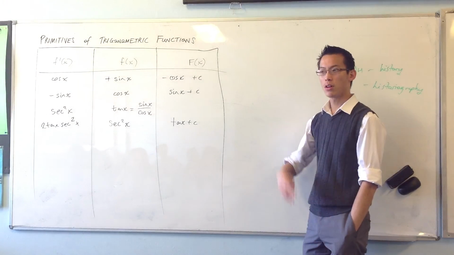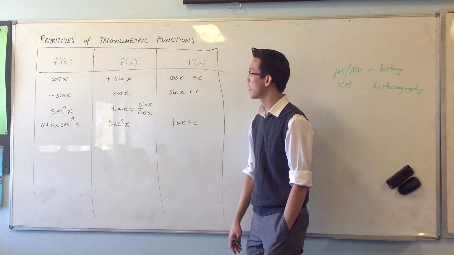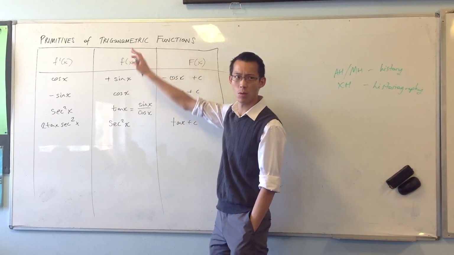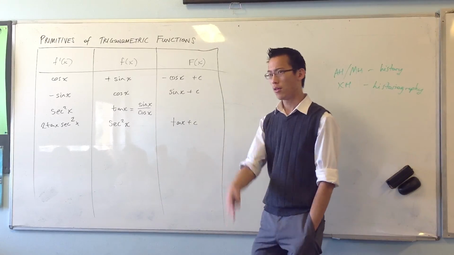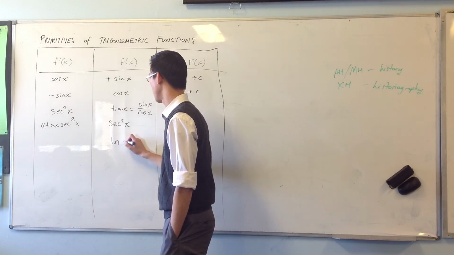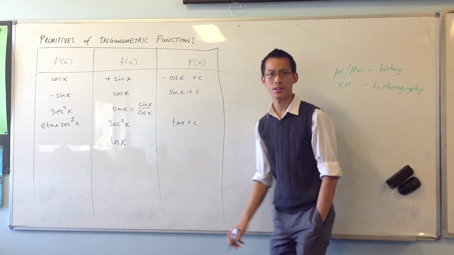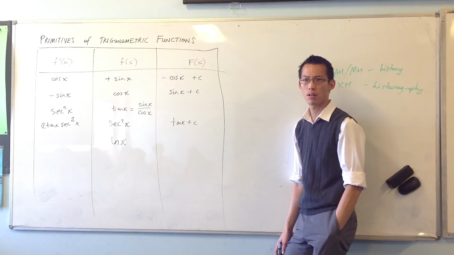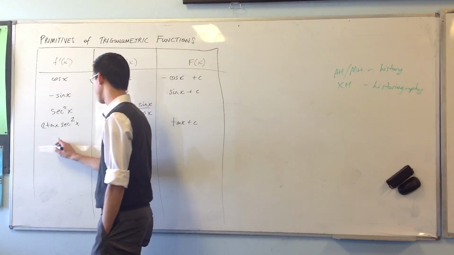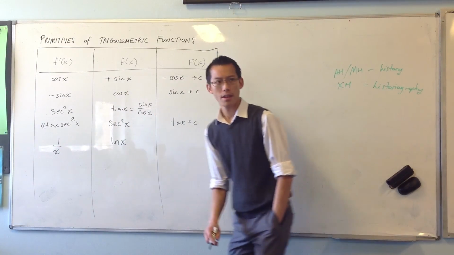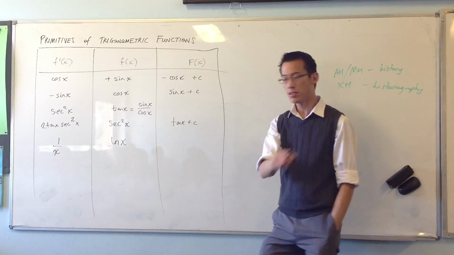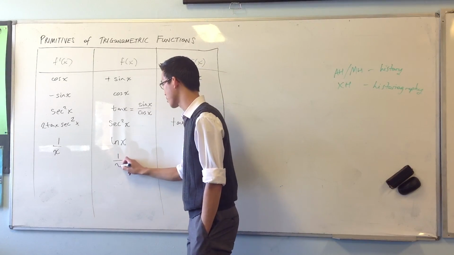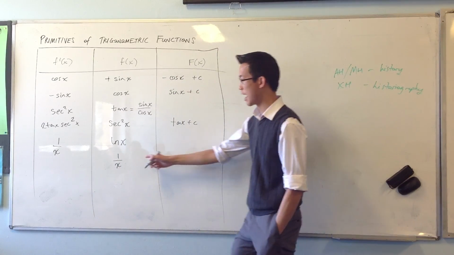Okay. Now, in order to try and get you there, let's have a think about not just trigonometric functions. You're going to wonder why I put this here, but what about log functions? Log x. What's the derivative of a log function? Just 1 over x. Now that tells you that if you get 1 over x, I already know I can differentiate this.